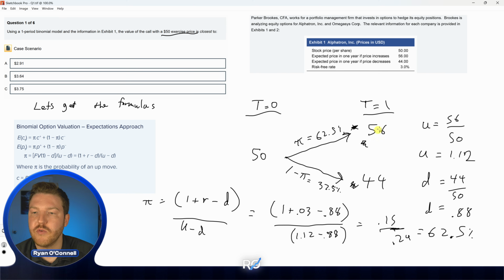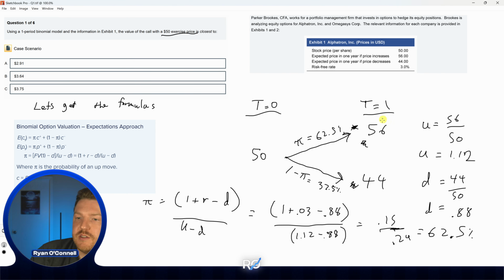If at this time we can exercise this for $50, we can buy something for $50 that's really worth 56. So that payoff is actually $6, the 56 minus 50. This one we would not exercise. We're not going to pay $50 for something that's worth 44. So the payoff for this down move is only $0.